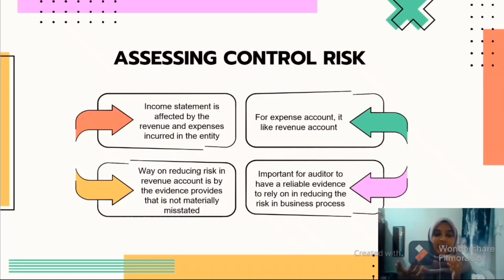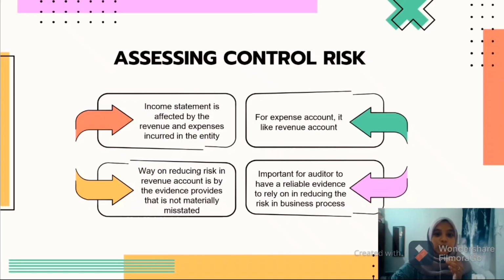as I said earlier, the revenue account is the most complex account because it has different recognition for different revenue income. So fraud in recognizing revenue may occur in certain activities.